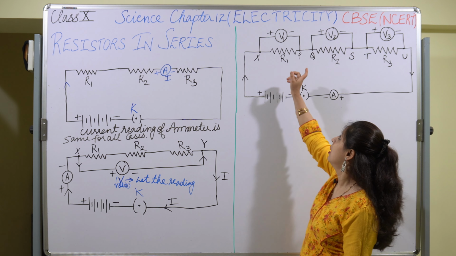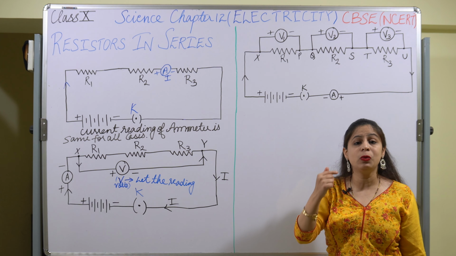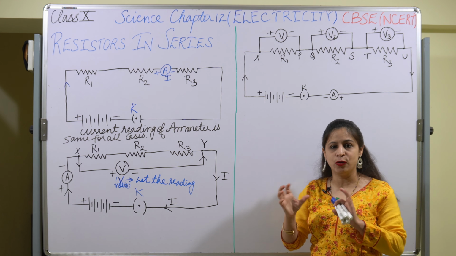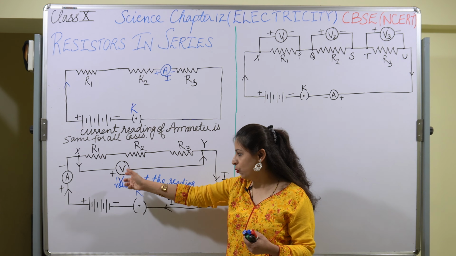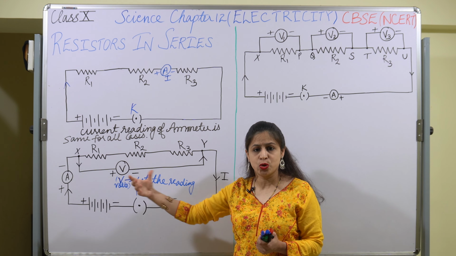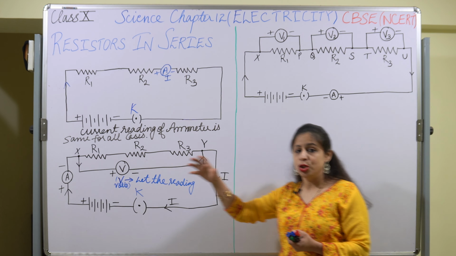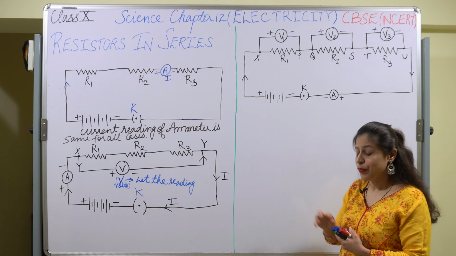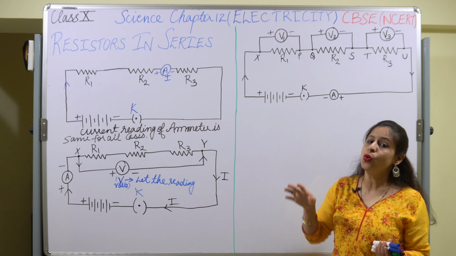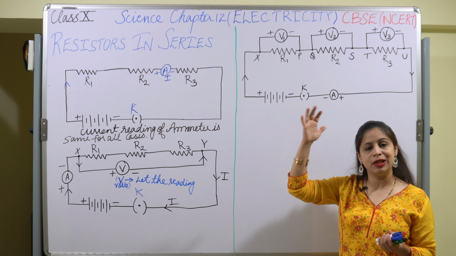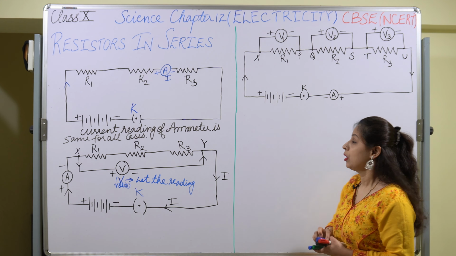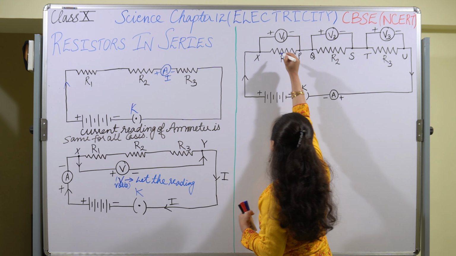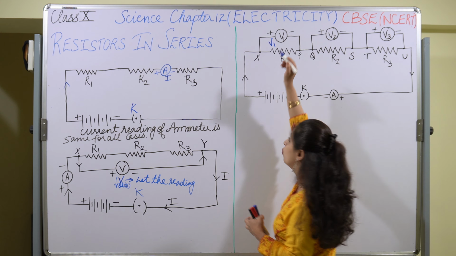That reading is said to be V1. We get some different value, suppose 12 or 20, so the value will be different from those. Let that reading be V1.